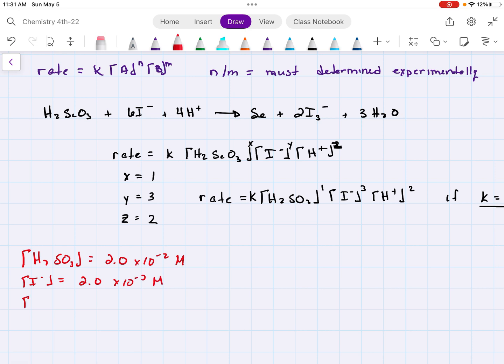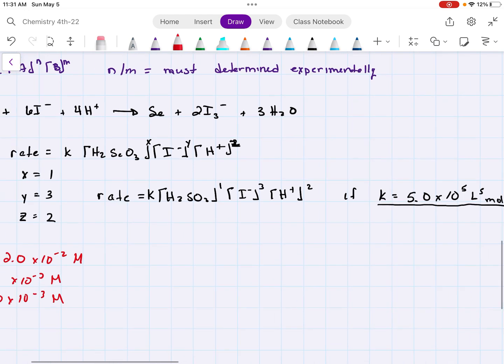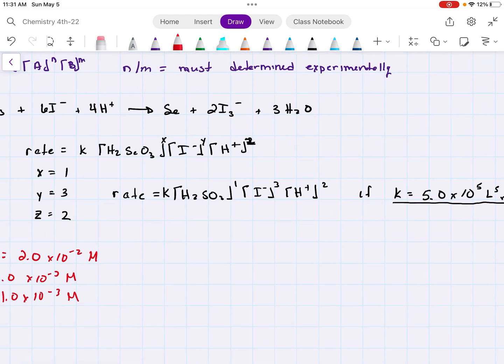And then finally, hydrogen is at a concentration of 1.0 times 10 to the negative 3 molar. Okay, so we have our reactants, we have our rate constant. So what we're going to do now, we're just going to plug everything in, right? So let's calculate the rate.